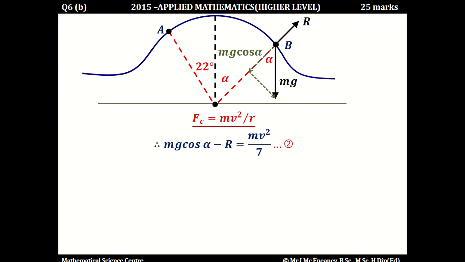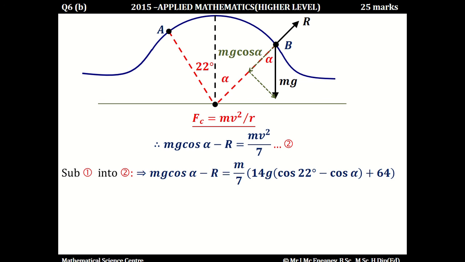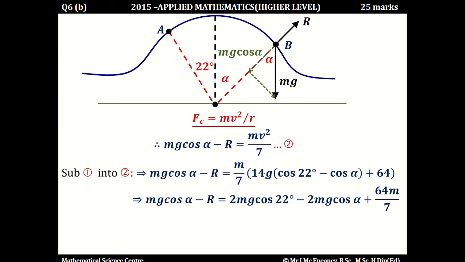Now we sub 1 into 2, and you get mg cos alpha minus R equals m over 7 on, and the v squared was 14g on the cos of 22 minus the cos of alpha, plus 64. So if we multiply the right hand side by the m over 7, this gives 2mg cos 22 minus 2mg cos alpha plus 64m over 7.